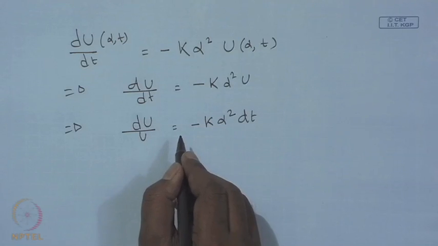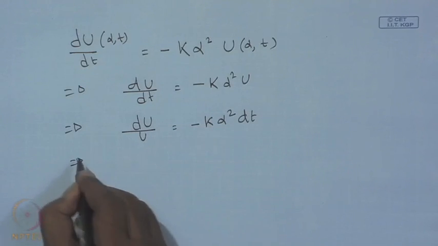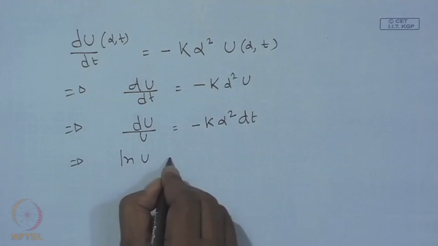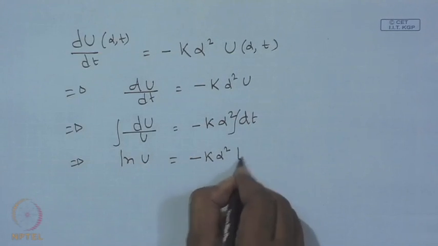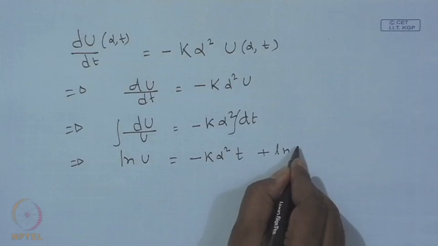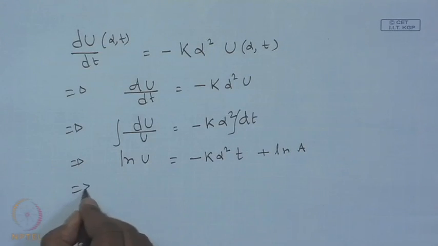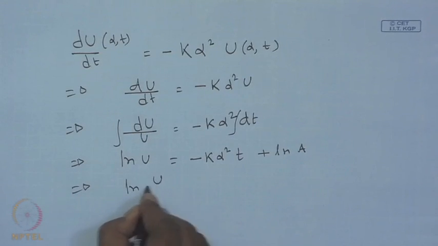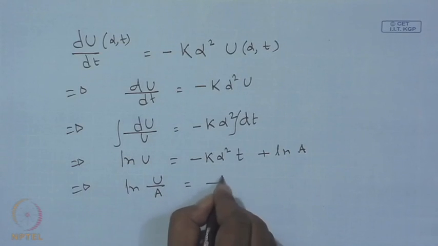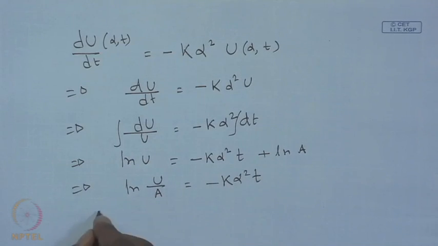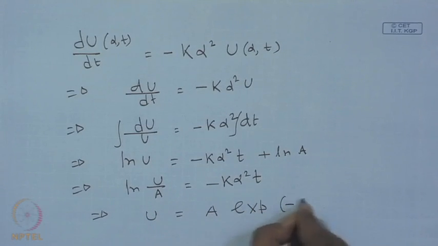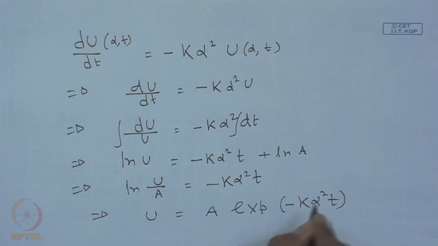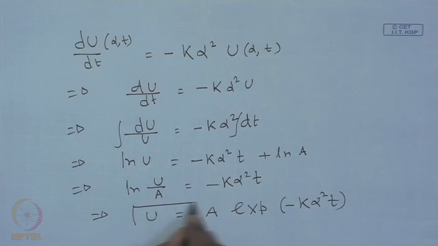Now, one can carry out this integration: ln U is equal to minus k alpha square t plus ln a, where a is an integration constant. So, ln of U over a is nothing but minus k alpha square t. So, you get U as a function is equal to a exponential of minus k alpha square t.